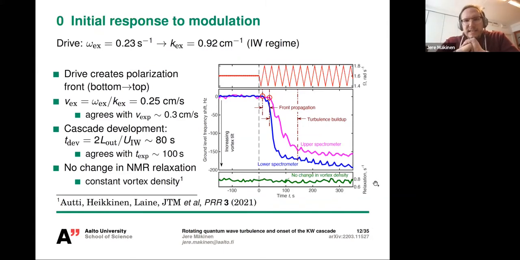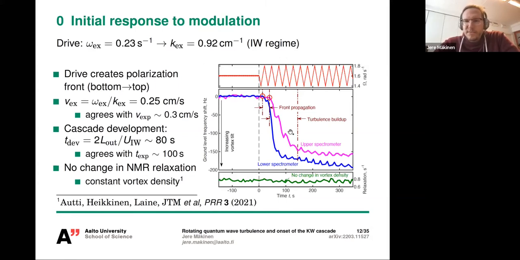Okay, so let's take a look at what happens when we start modulating the rotation velocity. First of all, our drive is at very low frequency, which means that the wave vectors are going to be large, and this lies in the inertial wave regime, so in the classical regime, if you like. And the signal looks like this.